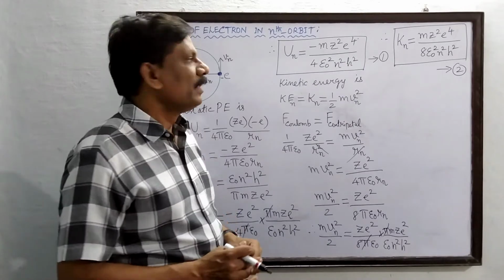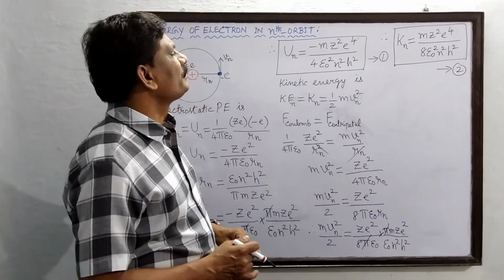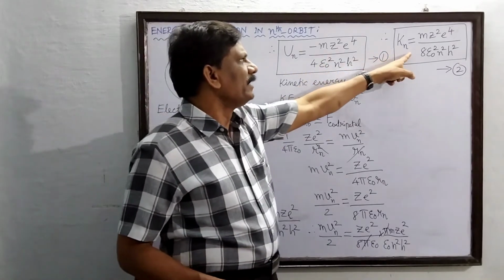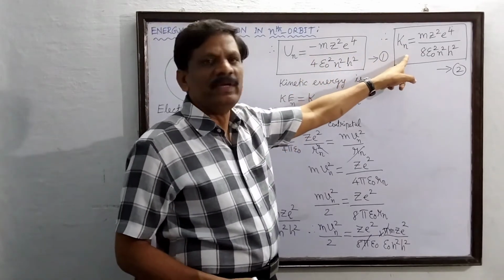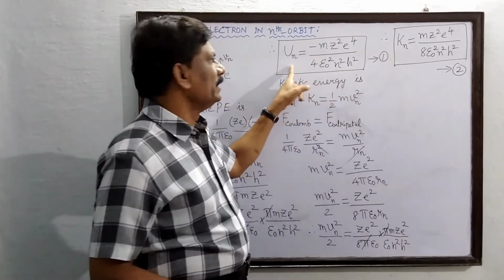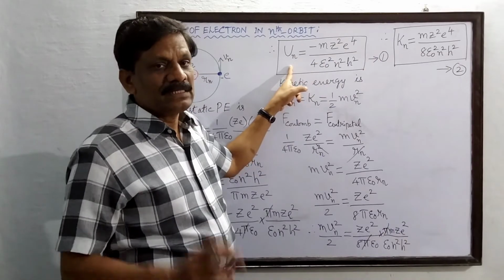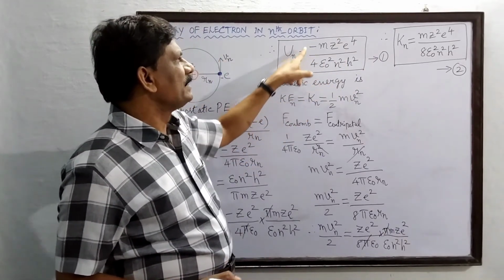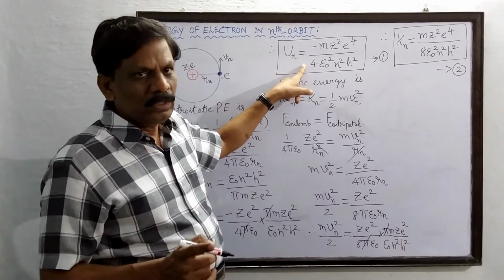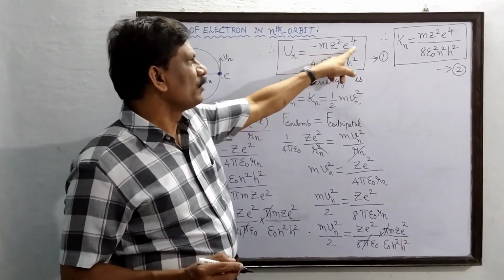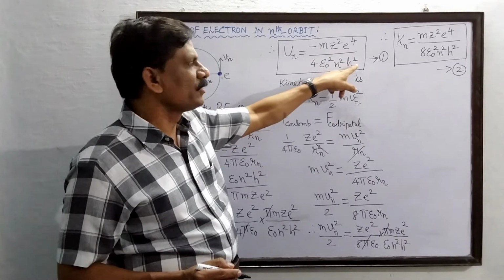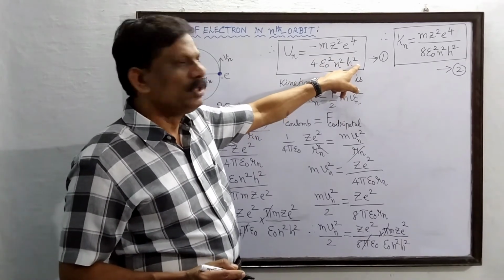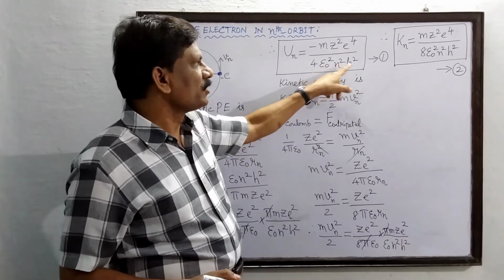Okay, students? Now, you see here, there is a relationship between the kinetic energy and the potential energy. Suppose you multiply both sides of the potential energy by 2, you will get minus 2 m z square e power 4 by 4 epsilon naught square n square h square, and 2 into 4 is 8 epsilon naught square n square h square.